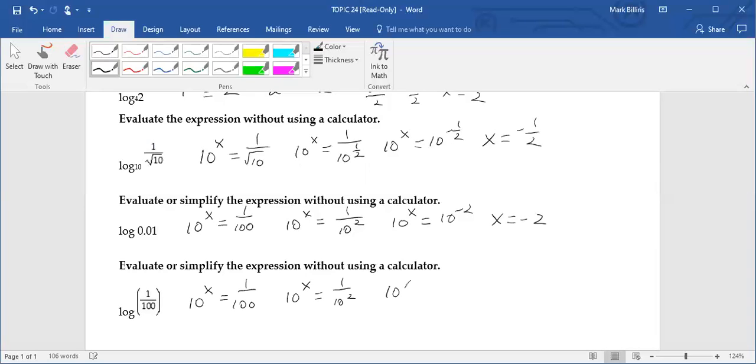So I have 10 to the x, and again, since this is in the denominator, this represents a negative exponent. So this is 10 to the negative second power. Since our bases are the same, we set each one of these equal to one another, the exponent equaling the exponent. In this case, there's nothing to solve, so my final answer is x equals negative 2.